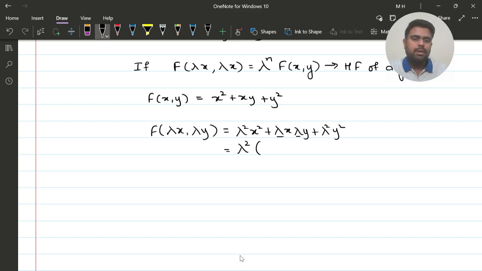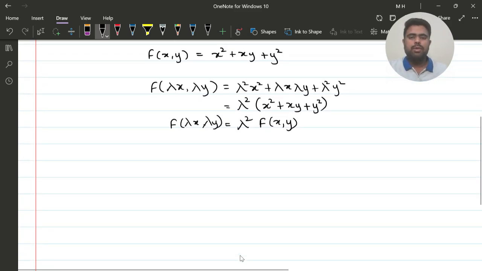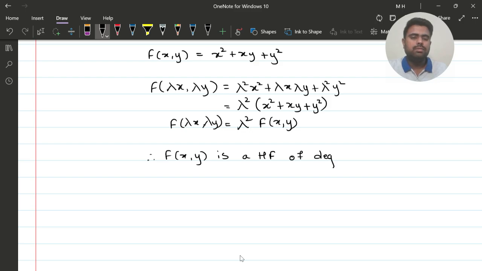If I take out lambda square, I'll get x square plus xy plus y square, which is f of x comma y. So f of lambda x comma lambda y is equal to lambda square times f of x comma y. Therefore f of x comma y is a homogeneous function of degree 2, because lambda square comes out.